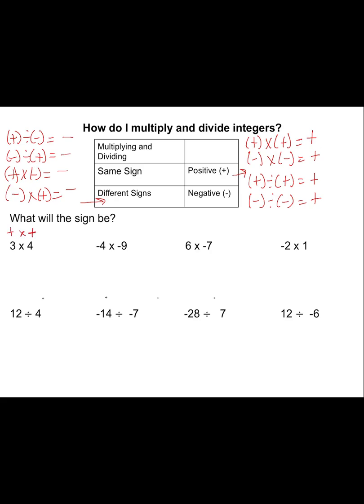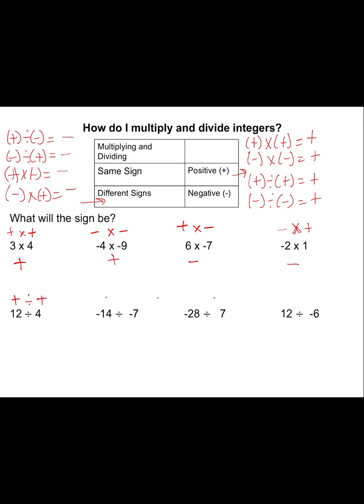So we have a positive times a positive, so my answer is going to be a positive. I have a negative times a negative, so my answer is going to be a positive. I have a positive times a negative, different signs, so my answer is going to be a negative. Negative times a positive, my answer is going to be negative.